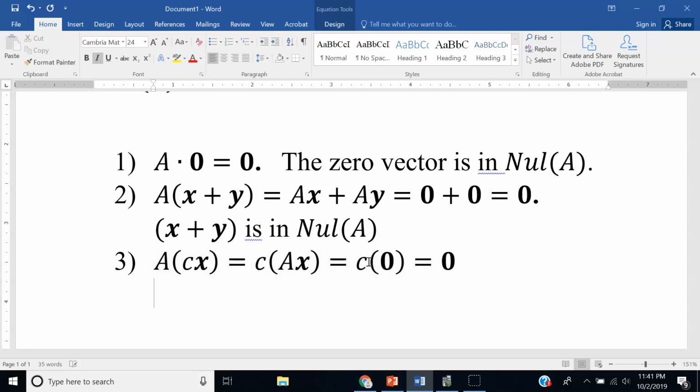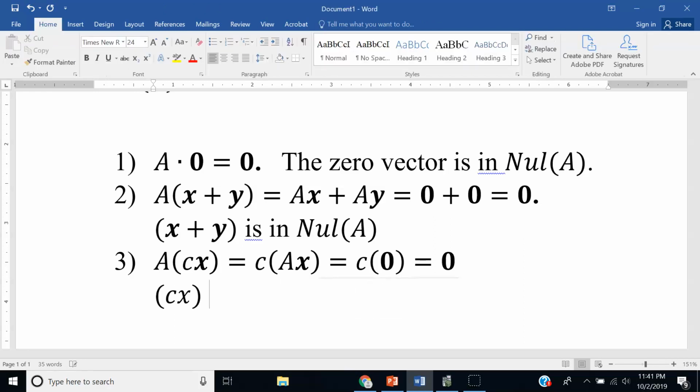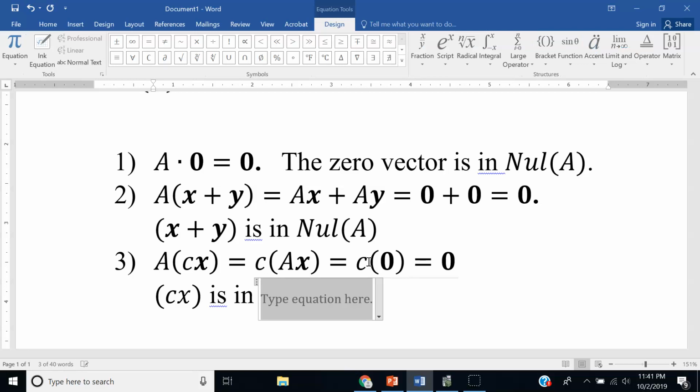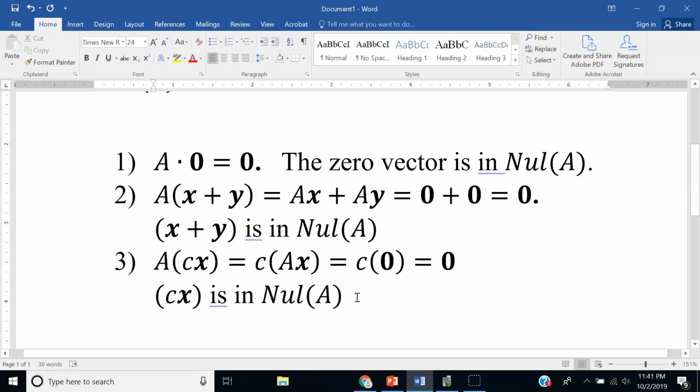And so what this shows us is that whenever you take a scalar times a vector, if that vector was in the null space, the scalar times the vector is also in the null space. So that's what we mean when we say closed under scalar multiplication.